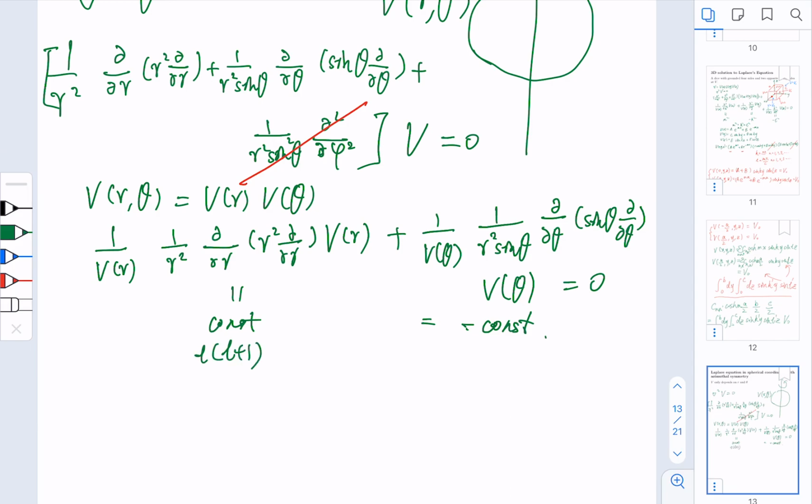And the second one should be L times L plus 1, with an additional minus sign. And I will explain why it takes this strange value later. But for now, let's say that L times L plus 1 is the value on the left, and minus L times L plus 1 is the value on the right.